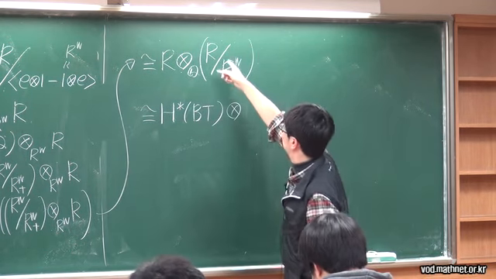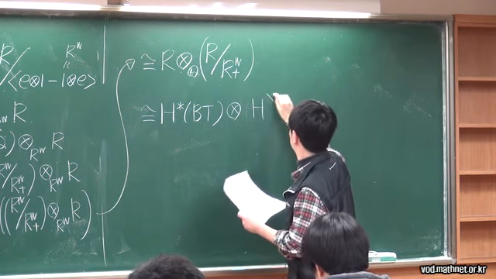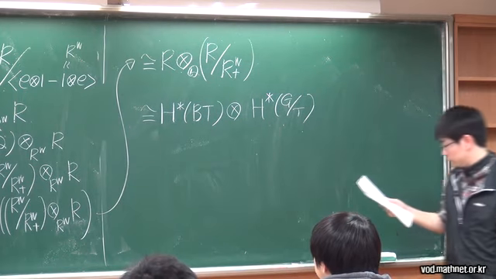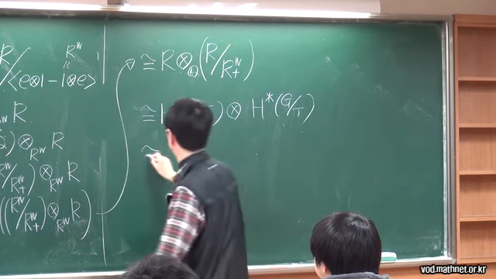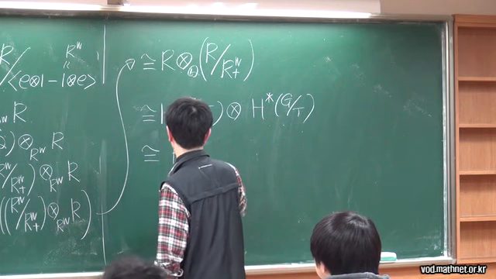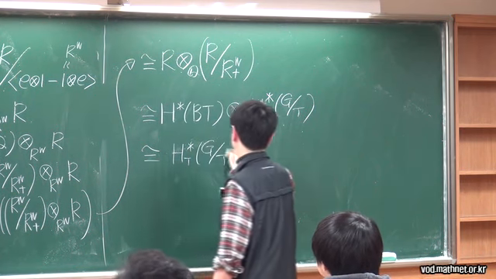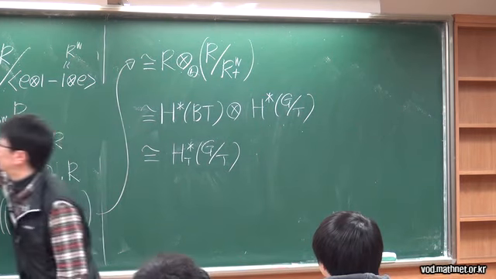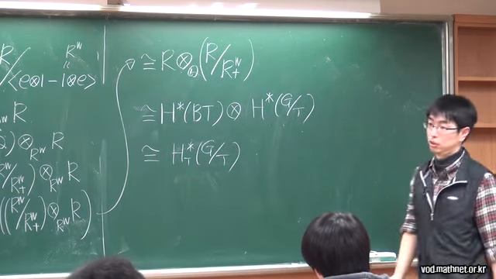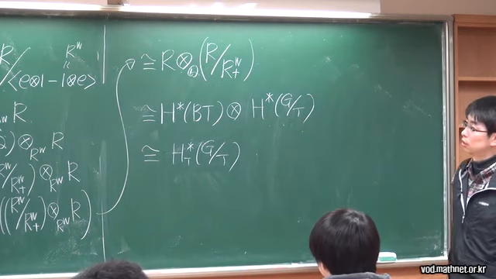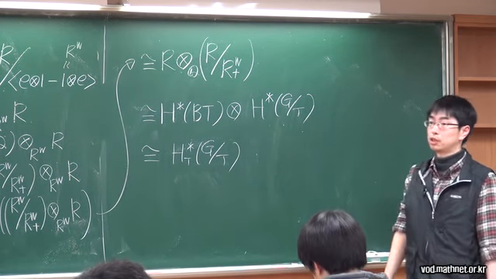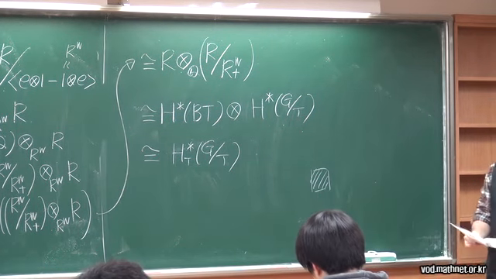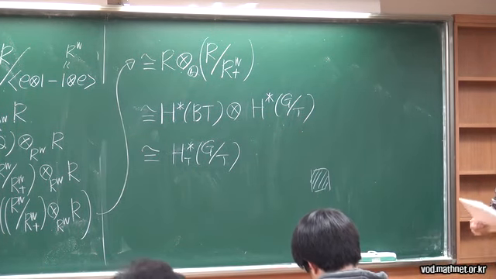And tensor, and this part is nothing but G over T. Okay? So it means that this is additively isomorphic to the equivariant cohomology of G over T, HT star. So this surjection gives a ring isomorphism because this gives an additive isomorphism. So we've proved the equivariant cohomology ring of G over T.